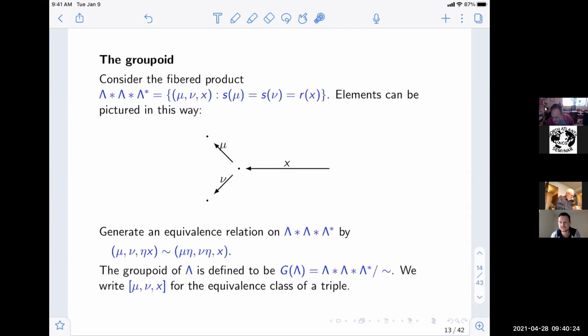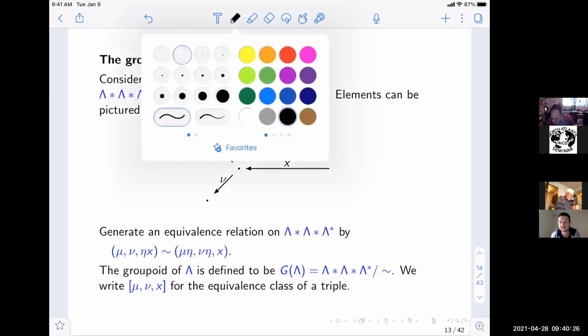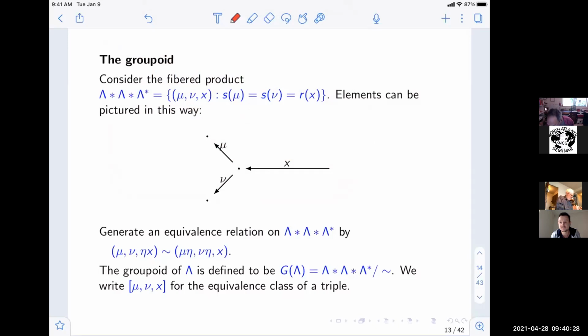Now it's possible, maybe I could draw this. x might be really given by some eta followed by some y. Okay, so you'll have to forgive my handwriting because it's terrible.